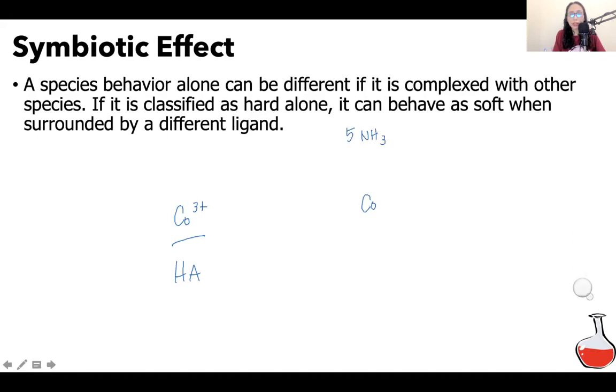Ammonia molecule is a soft base. So notice that you have a hard acid and a soft base interaction. You still have a product. But again, the stability is not very high, but you still form this species. So you have this pentaammine cobalt 3 complex.